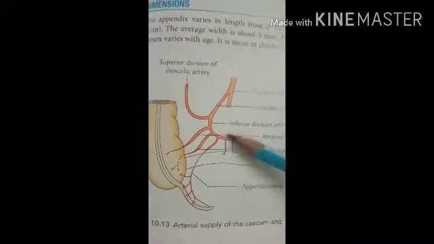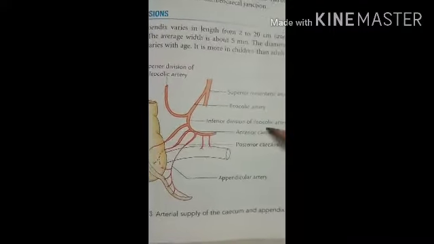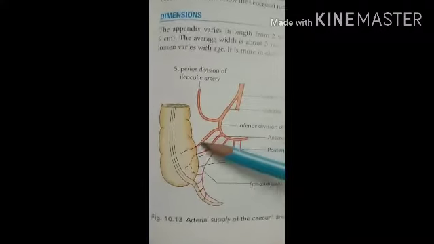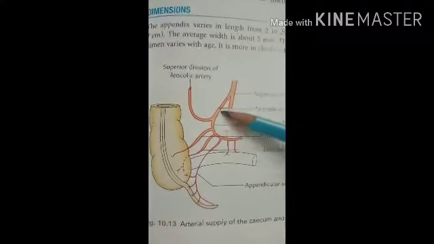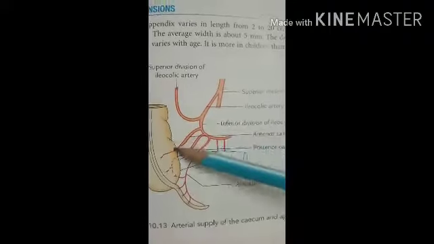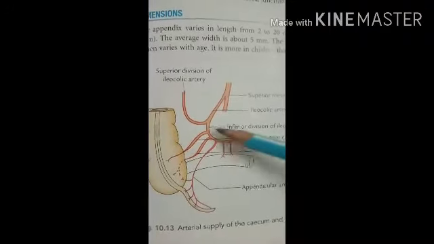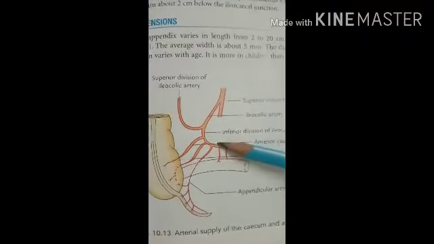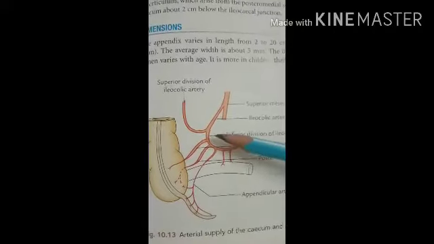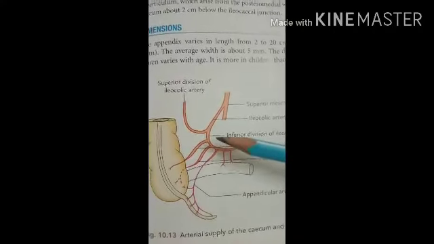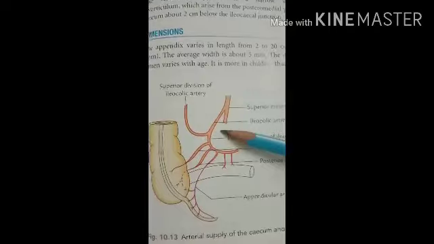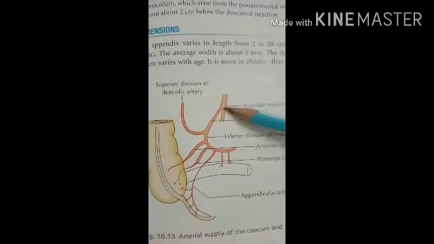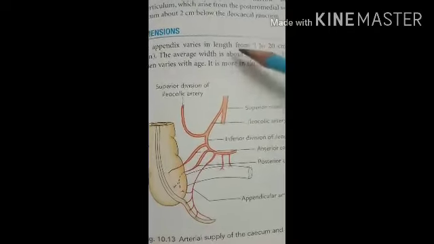It is supplied by the branch of the ileocolic artery, and this ileocolic artery is a branch of the superior mesenteric artery, this one. The venous drainage is the cecal branch of the ileocolic vein, and it drains into the superior mesenteric vein, which drains into the portal vein.